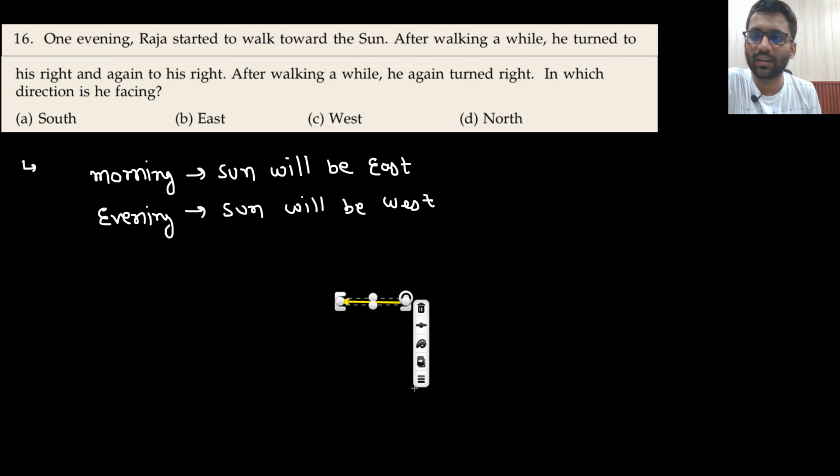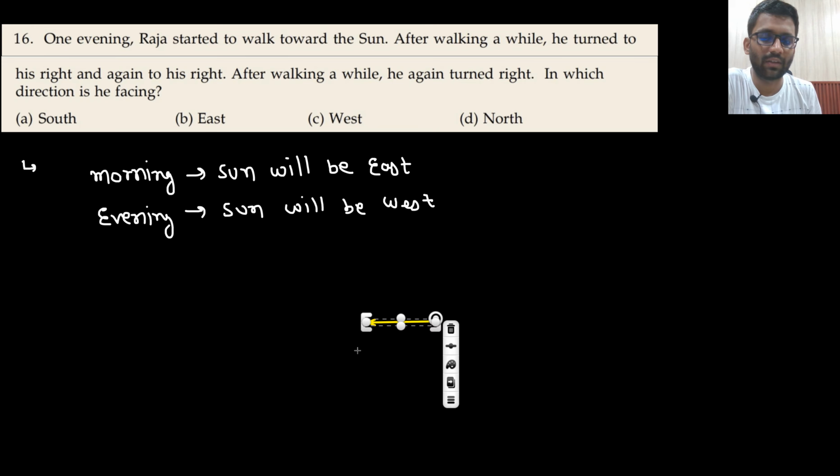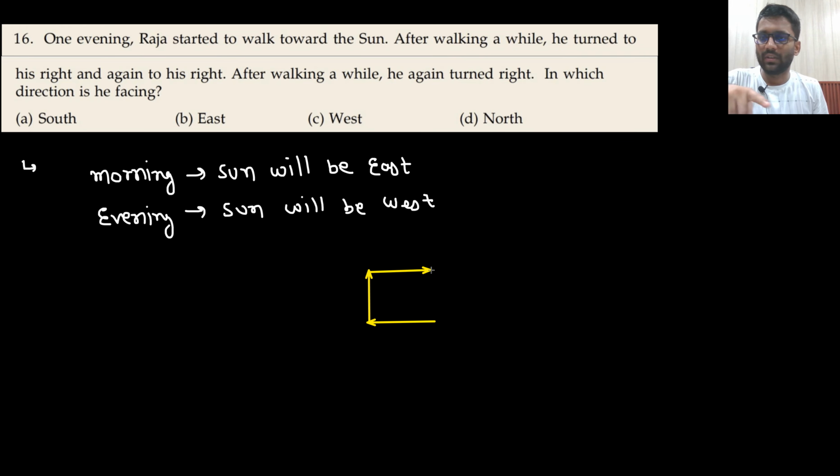After a while, he turned to his right. First, he started walking towards the sun. That means he is walking in west. Then he turns right. After a while, he turned to his right and again turned right. After walking a while, he again turned right.